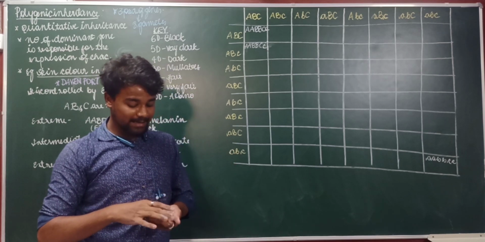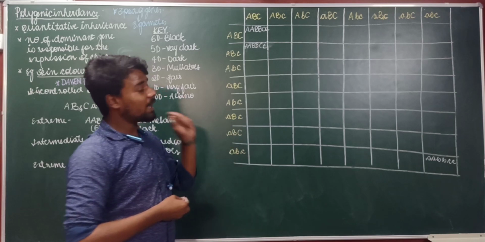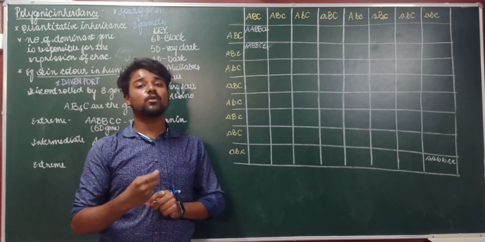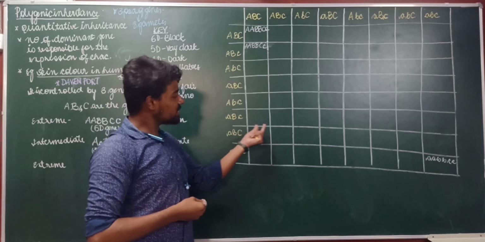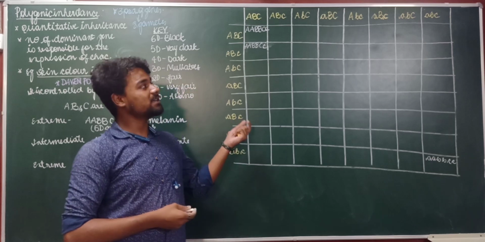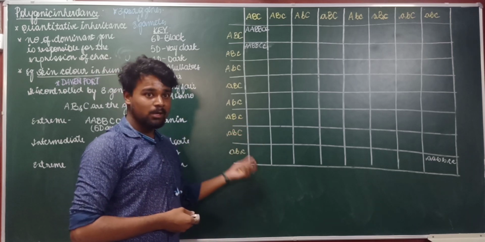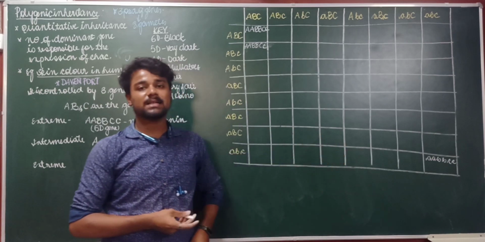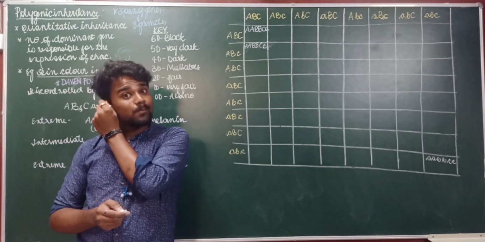Now, how to write that shortcut? As I've already told, polygenic inheritance mainly concentrates on the number of dominant genes. So in each box, if I write the number of dominant genes, it is more than sufficient to explain the ratios instead of filling all the boxes like that. So let me write the number of dominant genes.